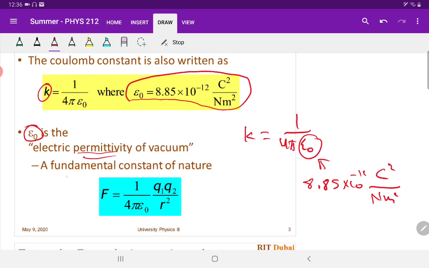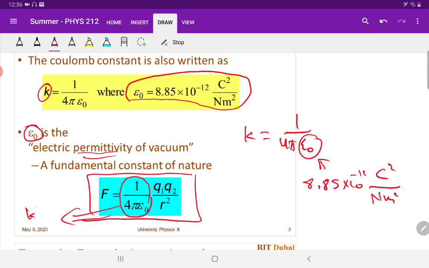According to that, we can now describe the magnitude of the force in terms of the electric permittivity of the vacuum as 1 over 4 pi epsilon naught. But the whole thing, as we said, is equal to K, which equals 8.99 times 10 to the power 9.